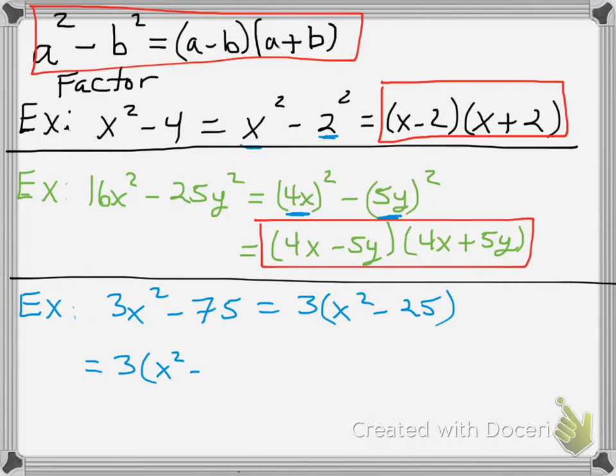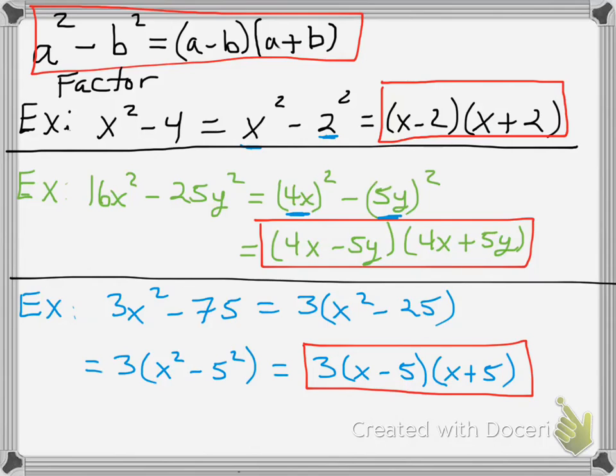So it's going to factor into x squared minus, well, I'll let you look at it, and I'll narrate in just a second. Okay, so the 3 comes out. We have x squared minus 5 squared, just to write it in that form, the a squared minus b squared.